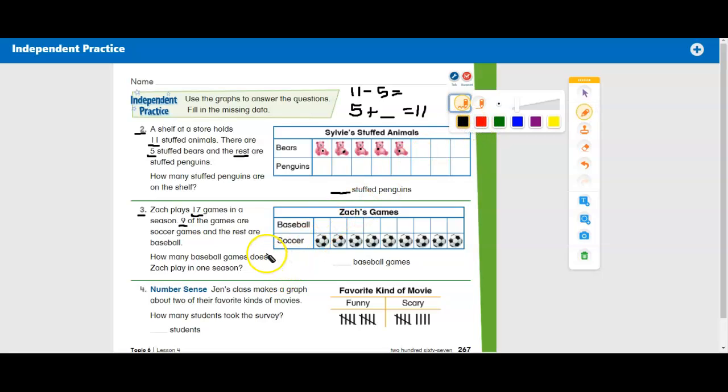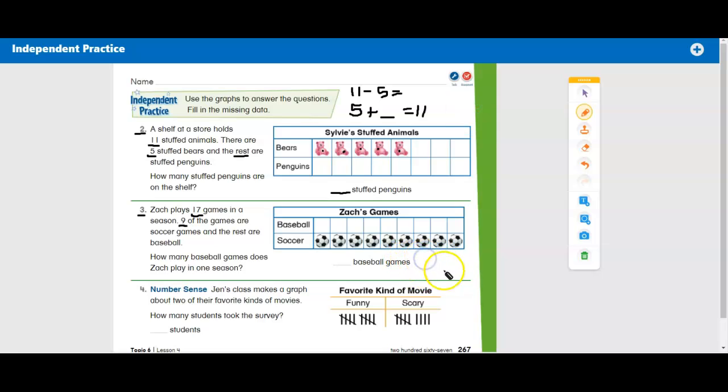For number 3, we know that 9 of these games were soccer, but we need to know how many of them were baseball. There are 17 games total. So you can choose what you would like to do. Would you like to use addition or subtraction to solve?